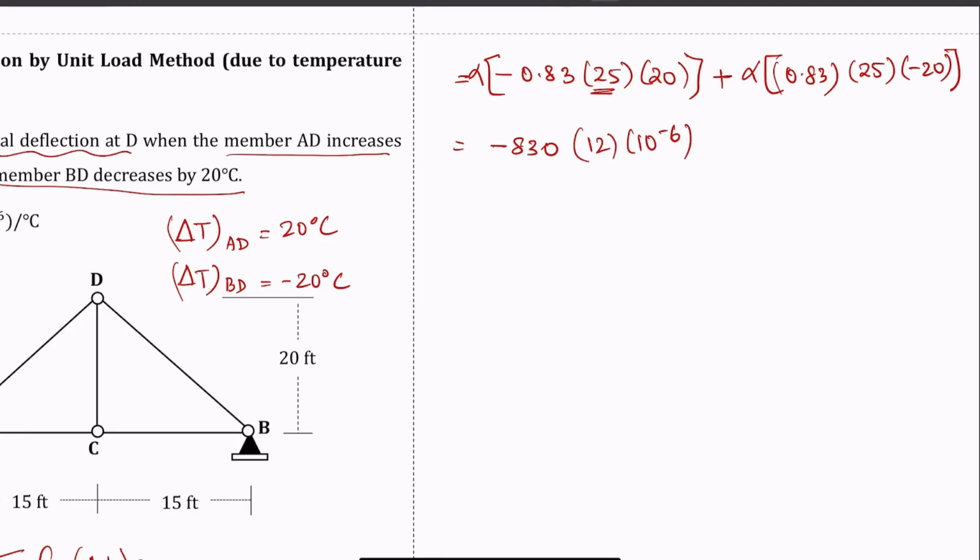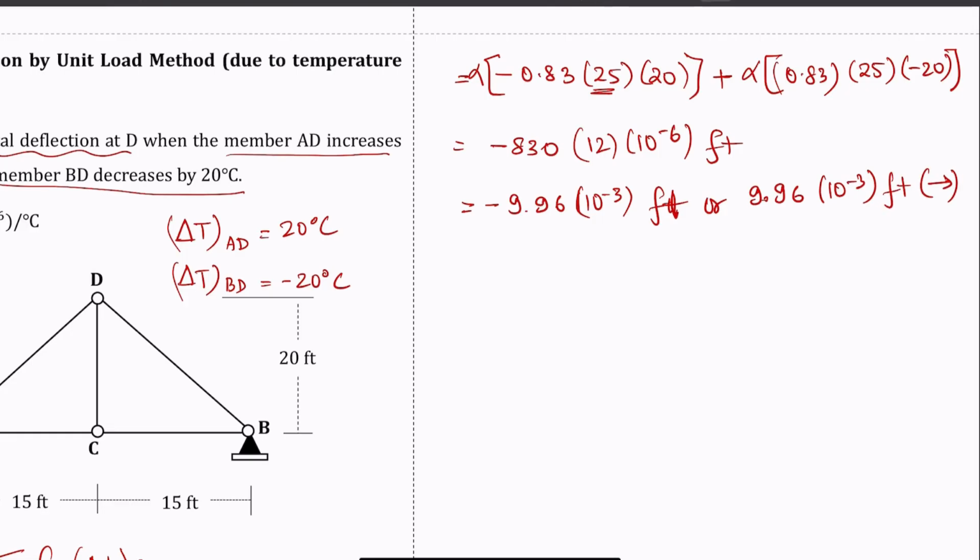And because I use this as feet, so I know that our deflection will be in feet. So finally I'll find that this is 9.96 10 to the power minus 3 feet in the other direction. Okay, so positive negative means it should be the reverse direction that you assumed.